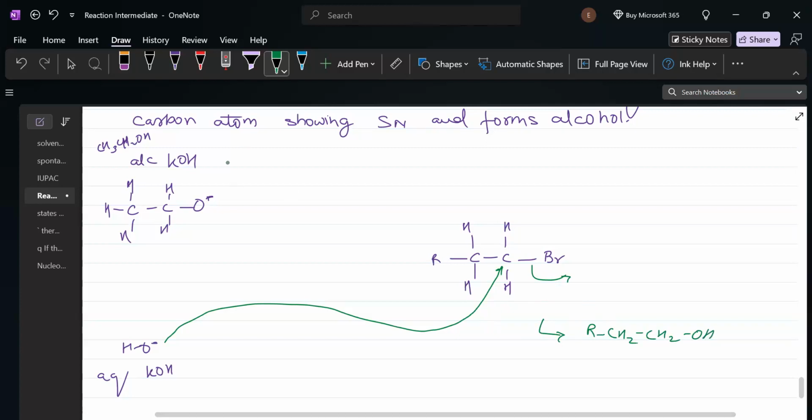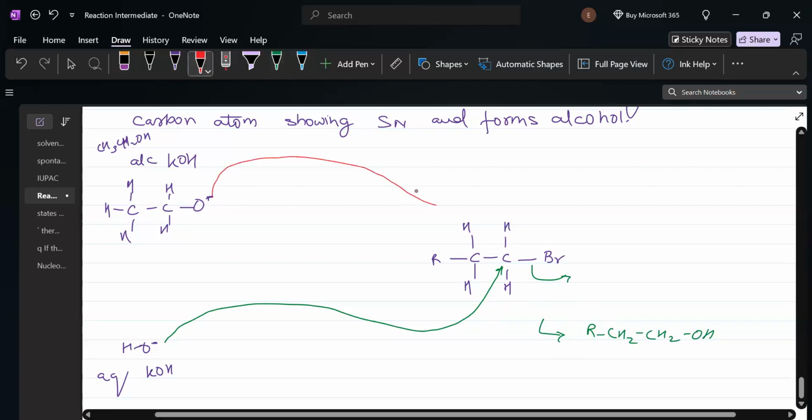Now what we will do? Can you see this O minus? This can also attack on this carbon, right? There is a possibility that this oxygen can also attack on this carbon, because O minus is a nucleophile. But this will not happen.